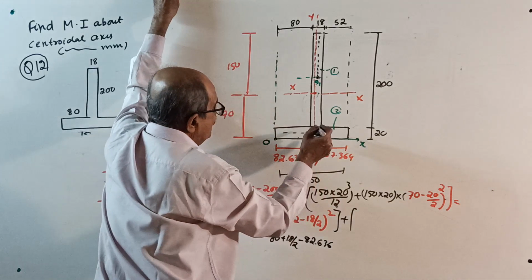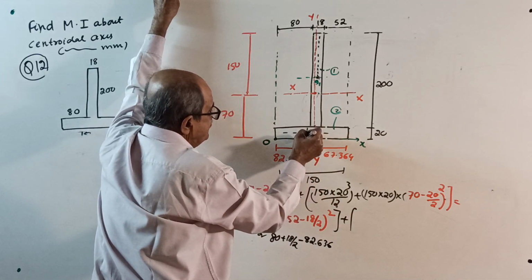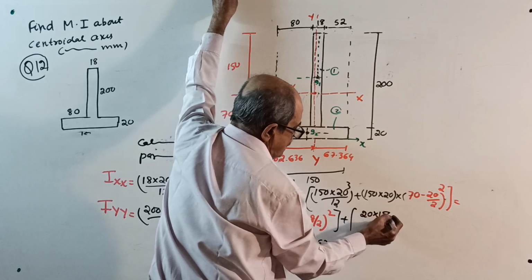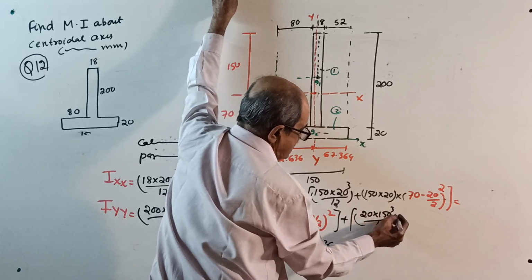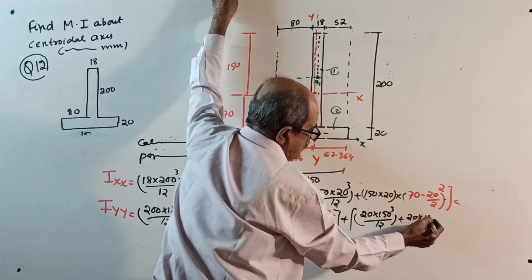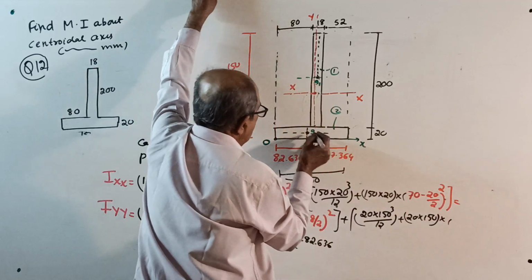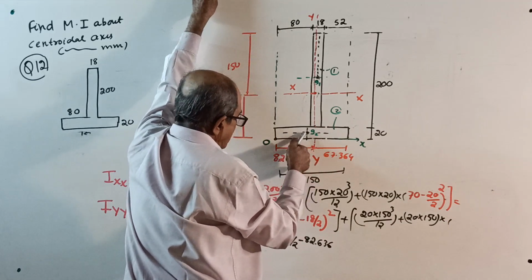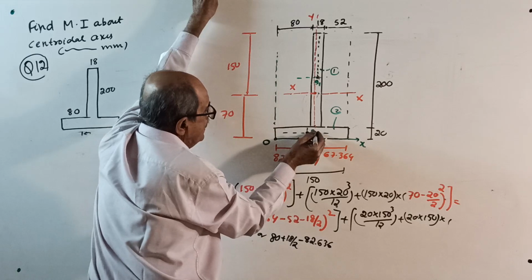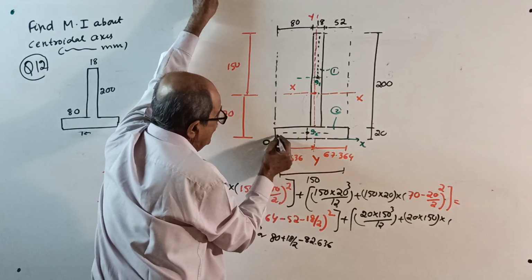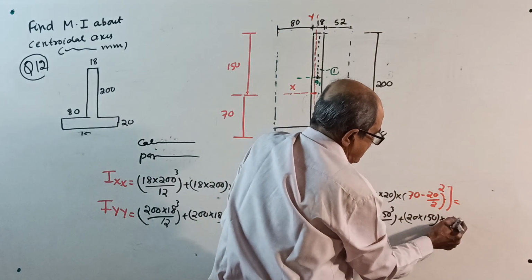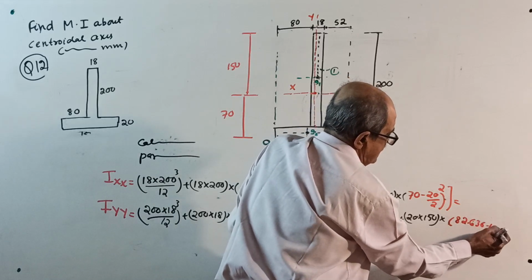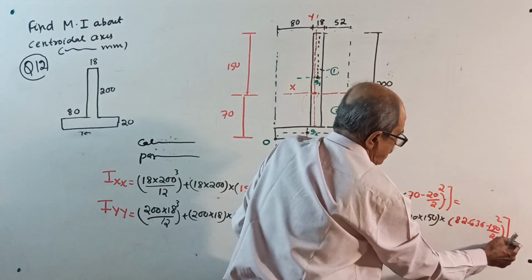Plus, for this figure, first I about its own axis: 20 into 150 cube by 12 is IG, plus area 20 into 150, into the distance from centroid to this axis, which is 82.636 minus half of 150, so 82.636 minus 150 by 2, whole square.